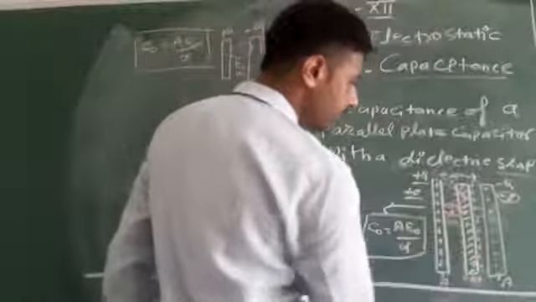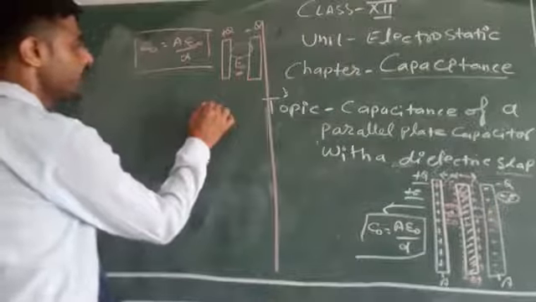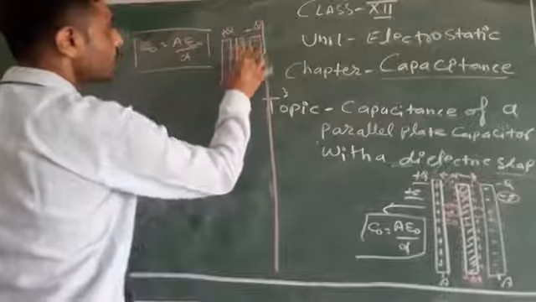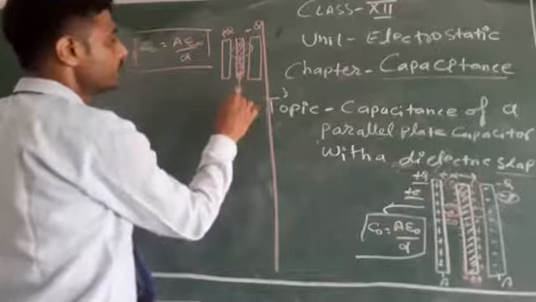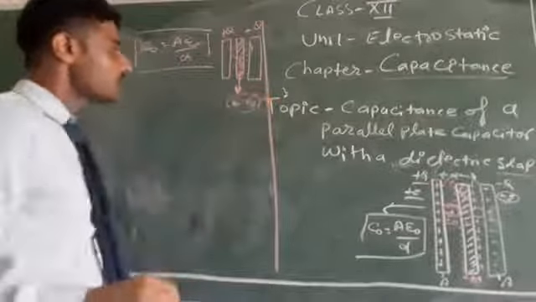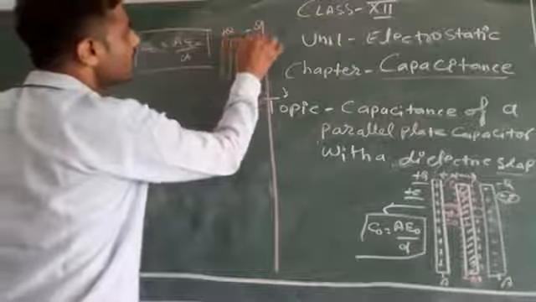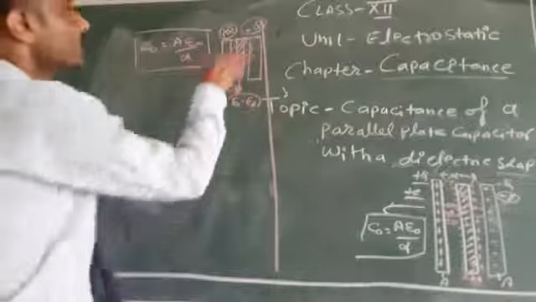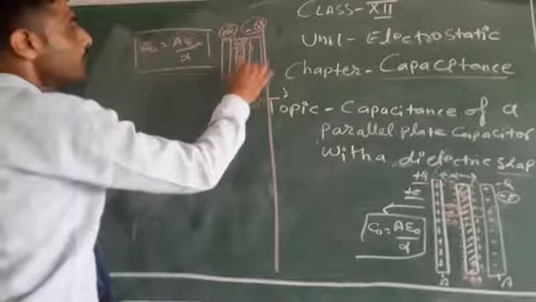So it means in air the electric field is E naught, but when the slab is introduced, the electric field through the slab is E naught minus E P. This E naught is due to the positive Q and negative Q charges, and this E P is due to the charge induced on the outer sides of the slab.